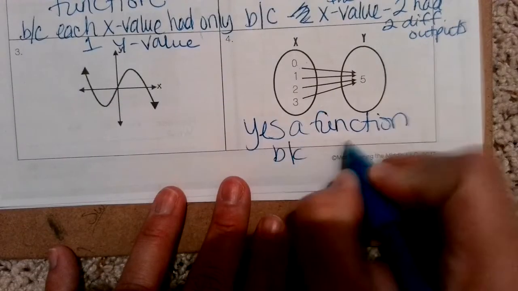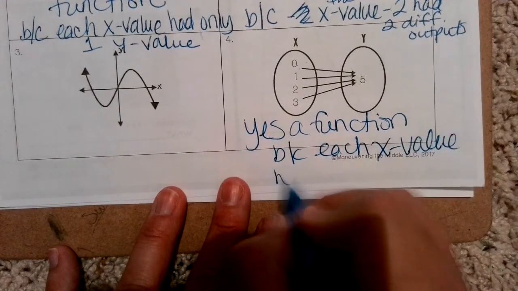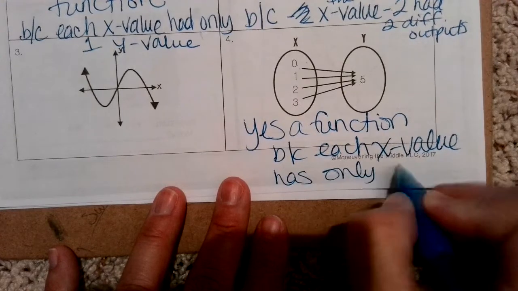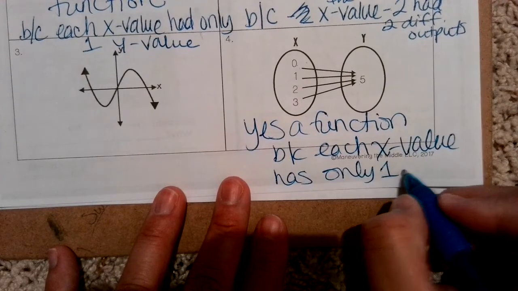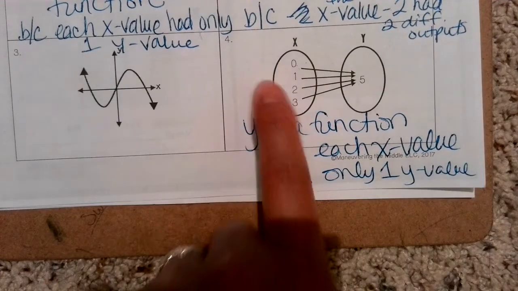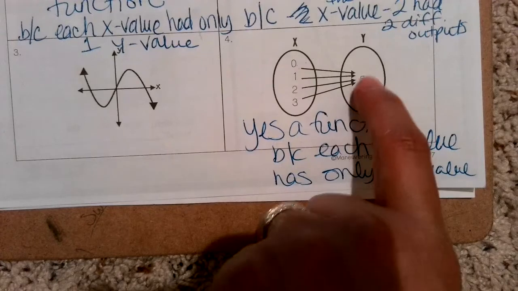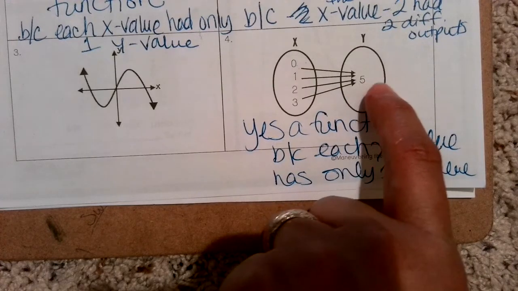Because each x value has only one output or one y value. So if you put this in a table, it'd be 0, 5, 1, 5, 2, 5, 3, 5. It doesn't matter that they all have the same output number. That can happen.